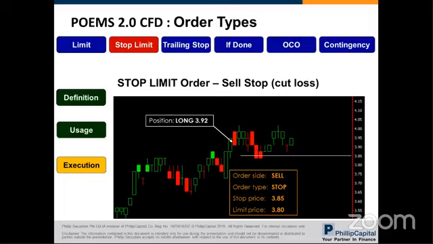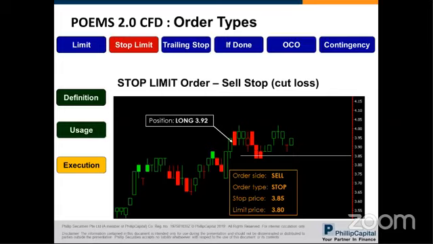I submit the sell stop limit order, set the trigger at 385 and the limit price at 380. Meaning that once the share price reaches your trigger, based on your criteria, which can be last traded price, bid price, or ask price, then you will submit a sell limit order at 380.